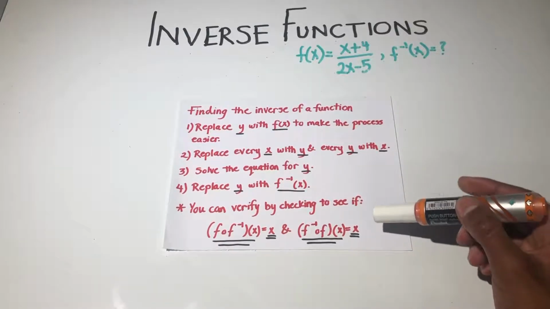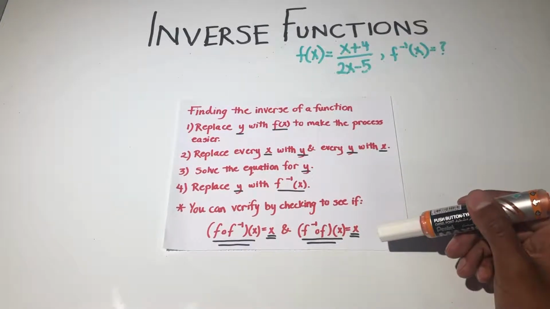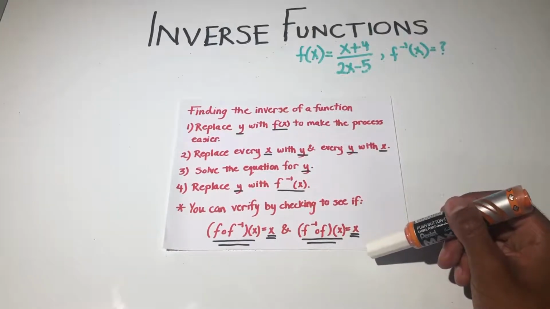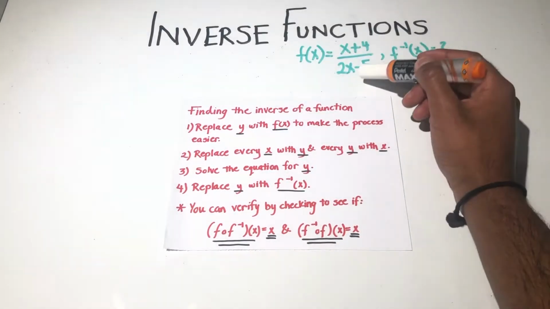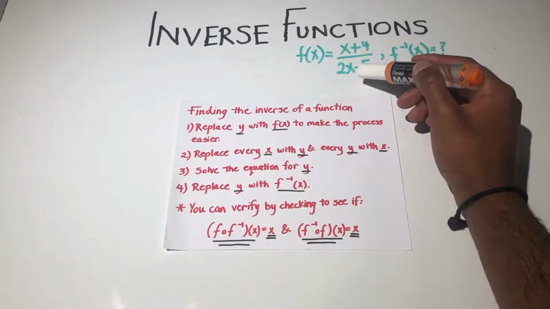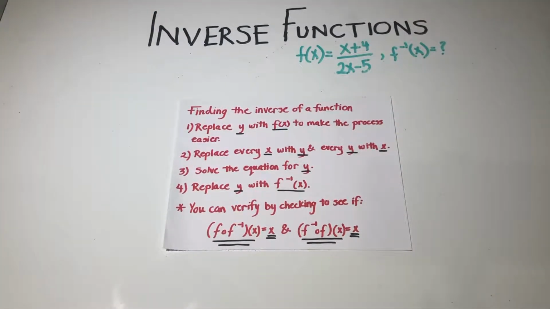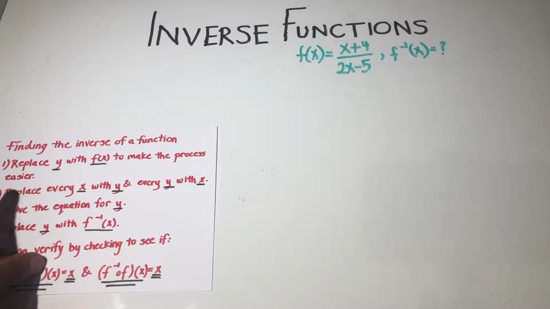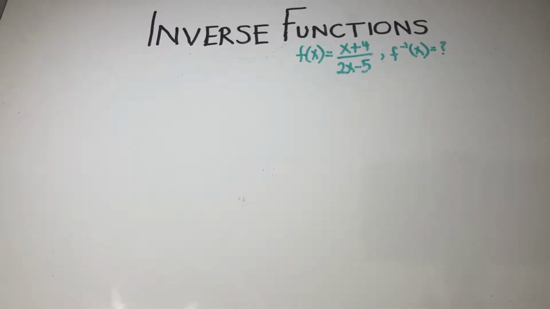And then we're going to verify that we actually have found the inverse by taking the inverse itself and plugging it into the original equation. So without further ado, let's begin by solving this problem. But like I said, I'm going to move this because I'm going to need as much space as I can.